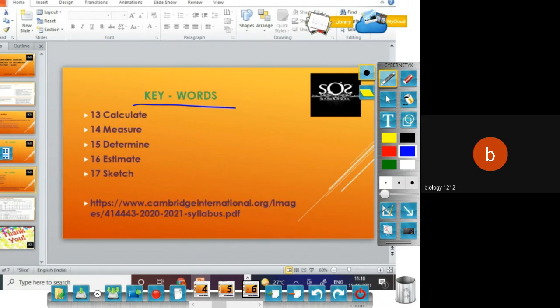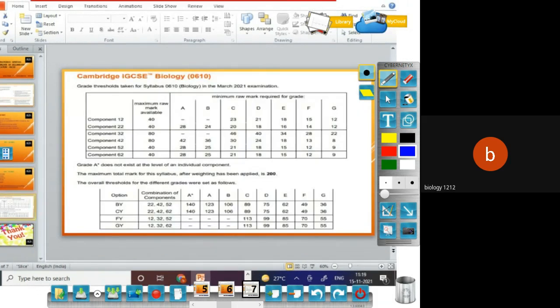More about the syllabus and updates, you can find on the particular website, which will be given in the link also. So these are some of the keywords that you need to clarify with your facilitator.